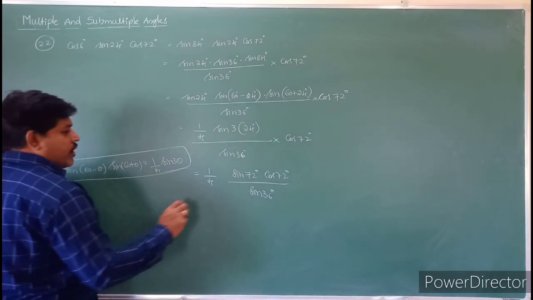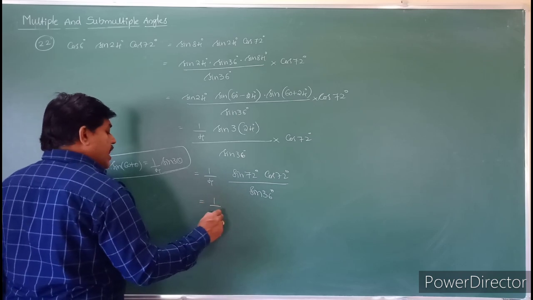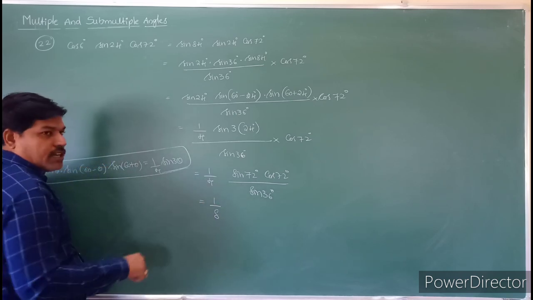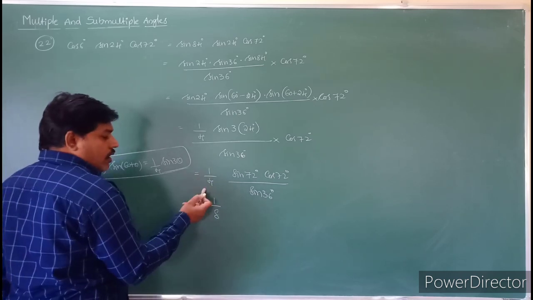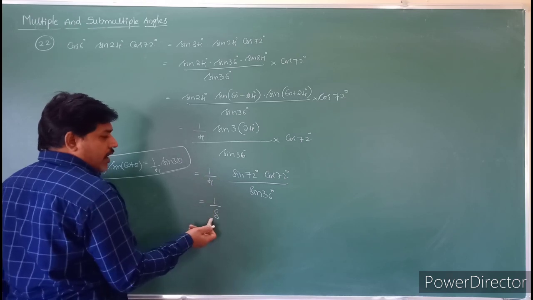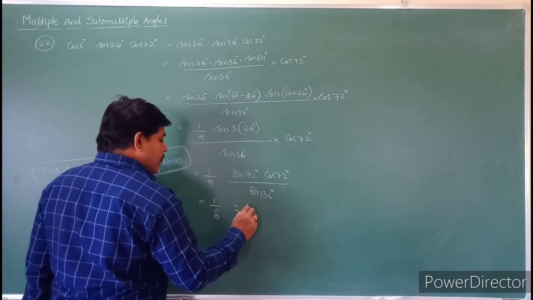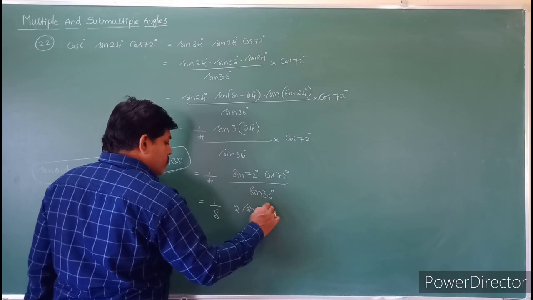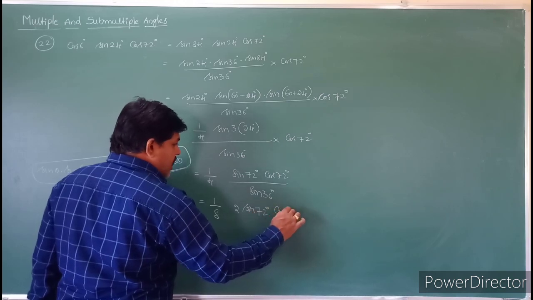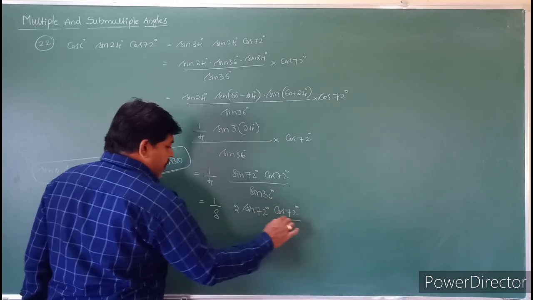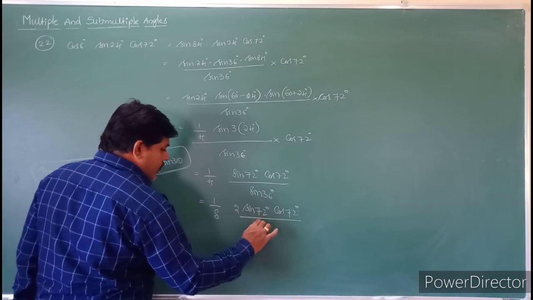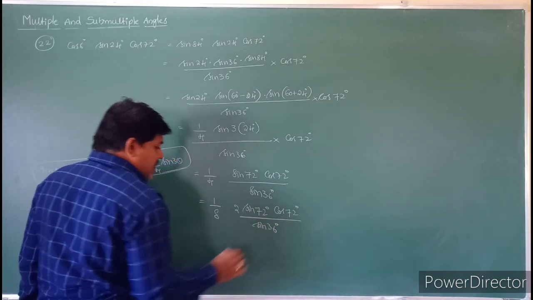One more step I will do here: 1 by 8, multiplying and dividing with 2, into 2 sin 72 degrees cos 72 degrees by sin 36 degrees.